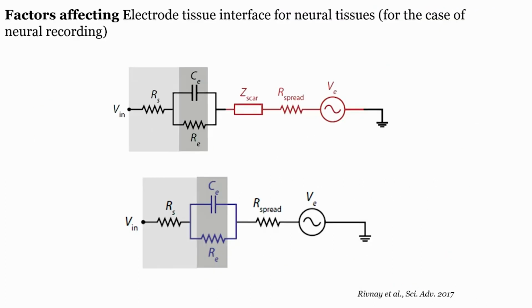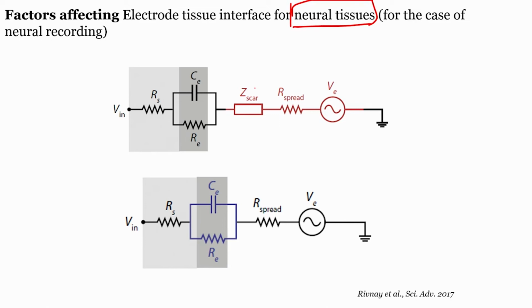Now one more important aspect which we thought of bringing out in this TA session was what are the factors that affect electrode tissue interface and how those effects can be modeled. So these are some real time or practical issues which can help one in designing electrodes and also modeling the electrode tissue interface for understanding the potentials which are recorded, especially in this case for neural tissues.